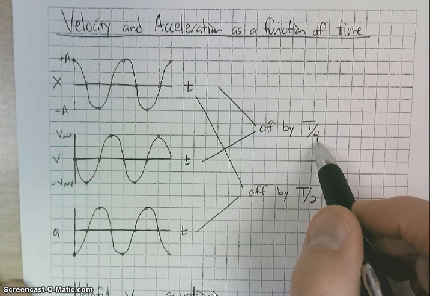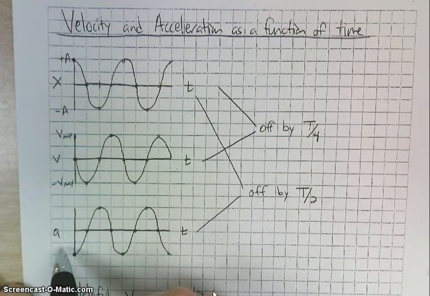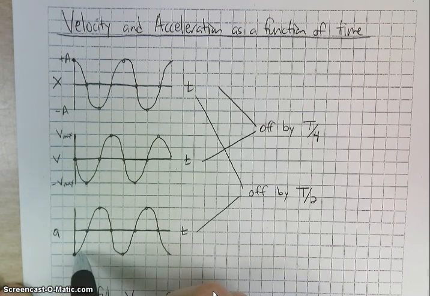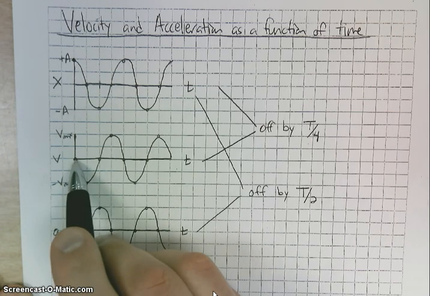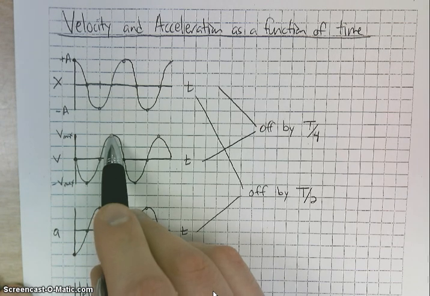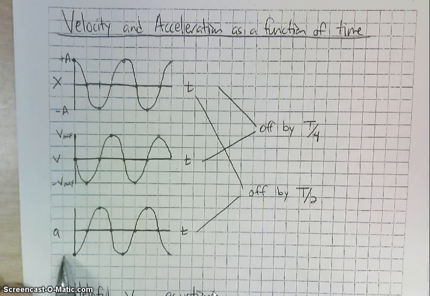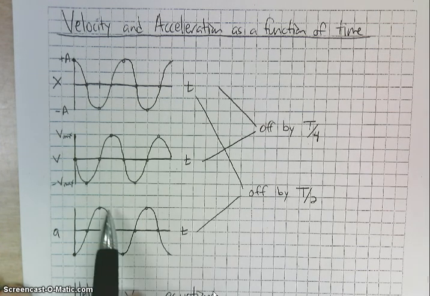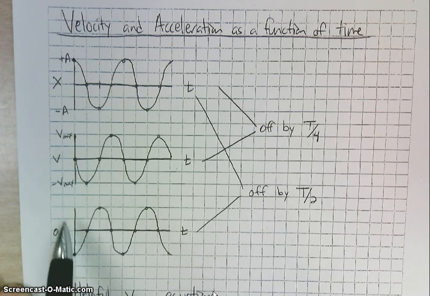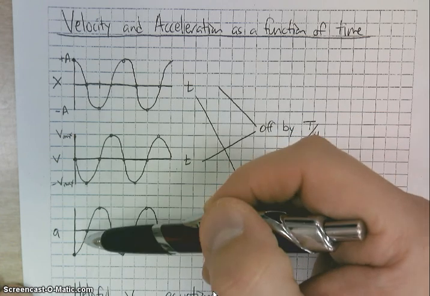If you take a look now at the velocity and the acceleration, remember that the slope of a velocity versus time graph is an acceleration. So if I look here, negative, 0, positive, 0, negative, 0, positive, 0, and I graph that, now I see that the acceleration is also out of phase from velocity, but the real connection here is position and acceleration.